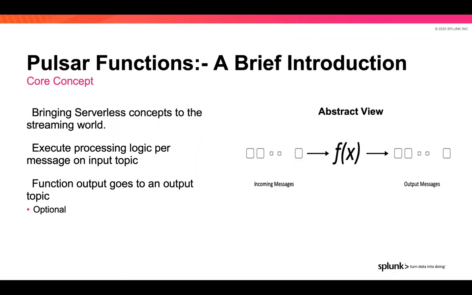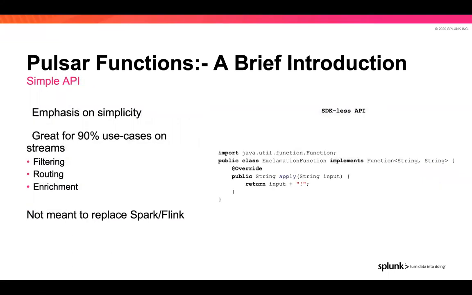Within there, the abstract view is you have messages coming into a Pulsar topic. The Pulsar function is the code that gets executed, and you can output messages, or not, to one or more output topics as well. So a function has one input and one output. The emphasis of the API was to make it simplistic. You see there on the right-hand side the hello world version of a Pulsar function.